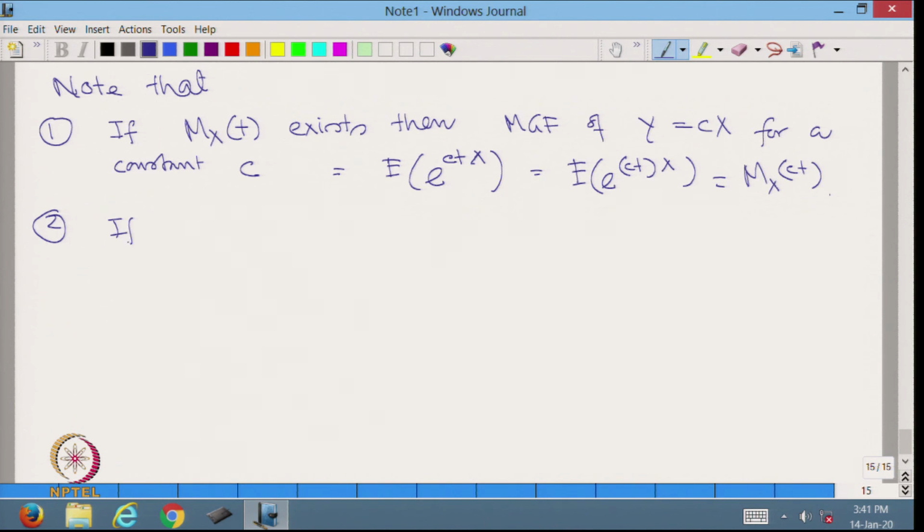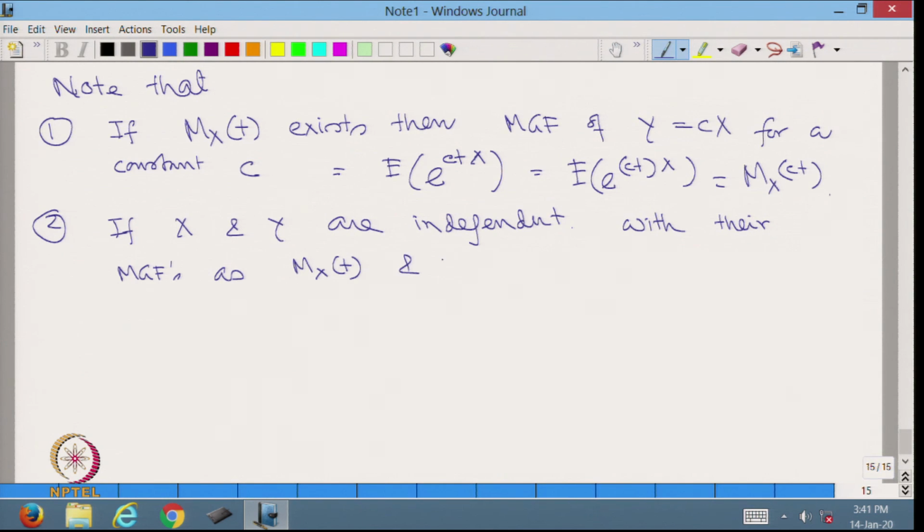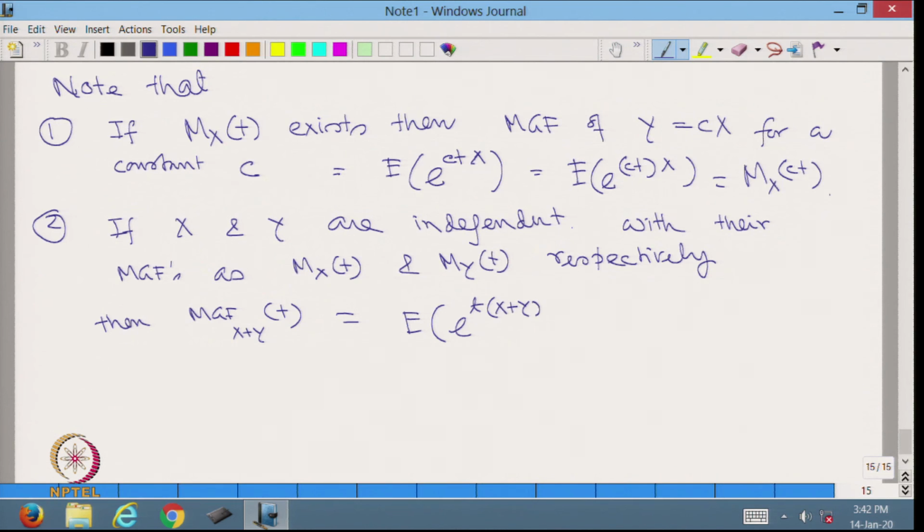Second thing is, if X and Y are independent with their moment generating functions M_X(t) and M_Y(t) respectively, then moment generating function of X plus Y at t is equal to expected value of e to the power t(X plus Y), which is equal to expected value of e to the power tX into e to the power tY.